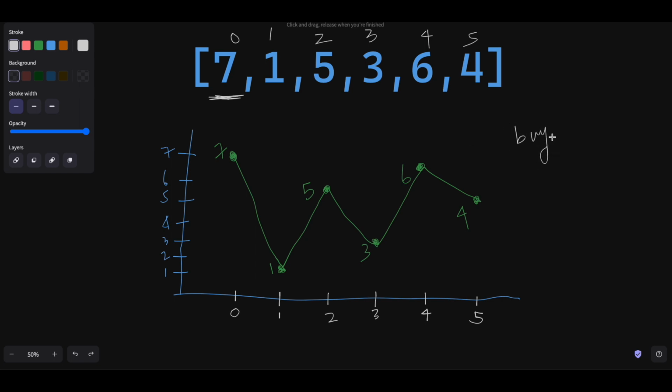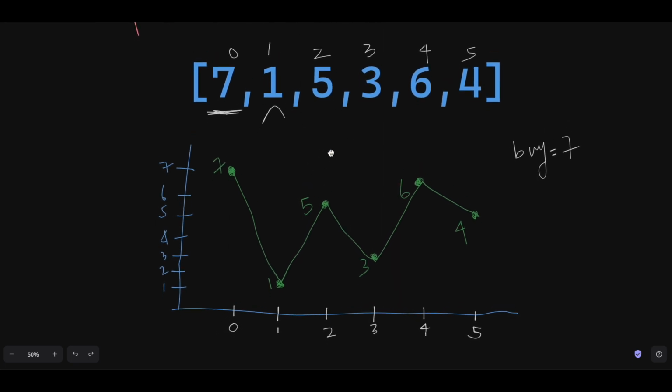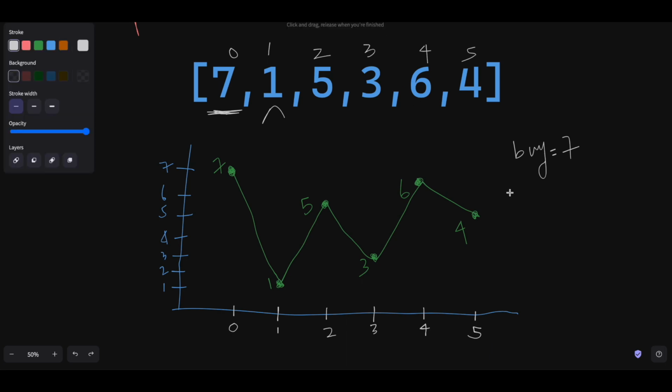We start the buy at the only value we have, which is 7. Okay, and then we iterate every sell. So let's say starting from the beginning, every value that comes afterwards can be a potential sell price. Okay, and we are also tracking the profit, which to begin with obviously starts at 0.